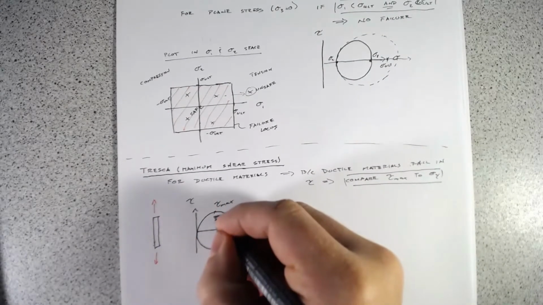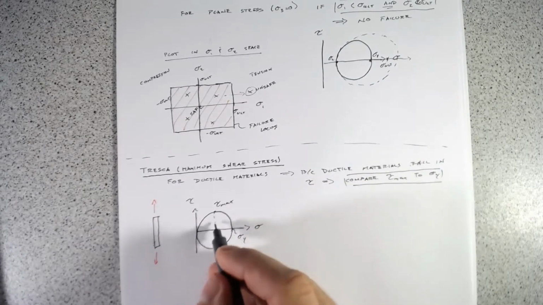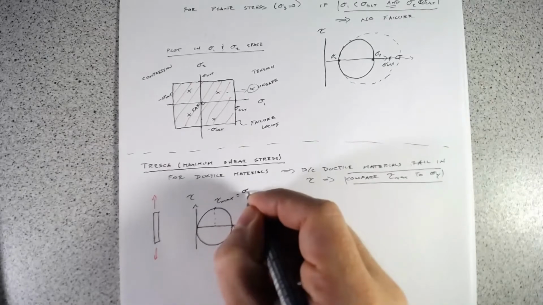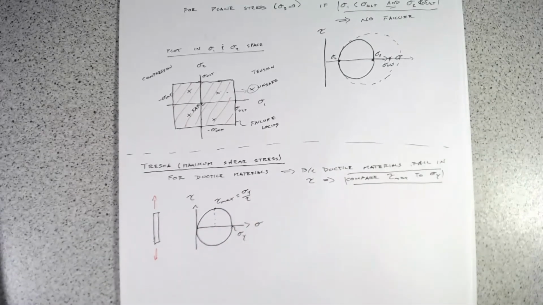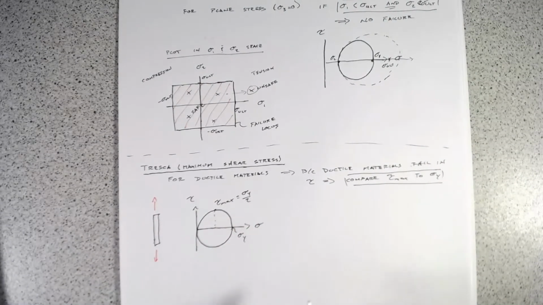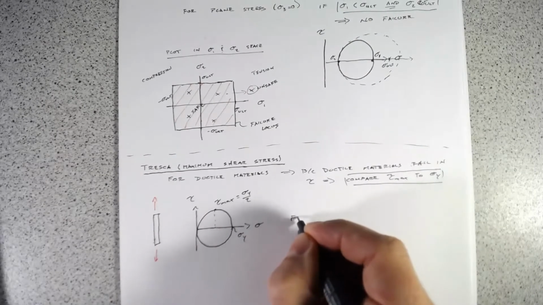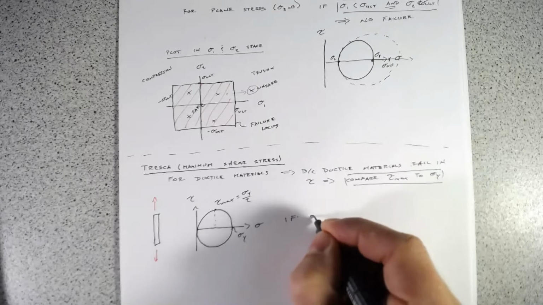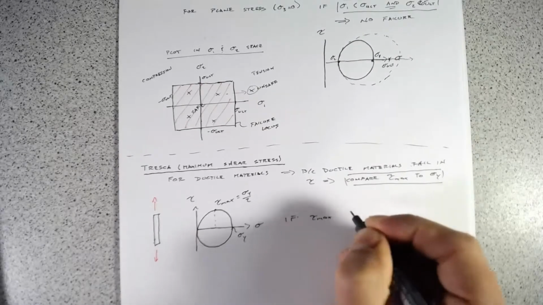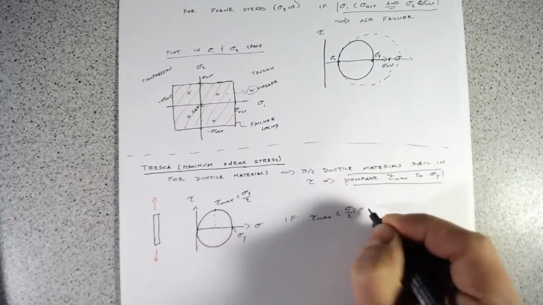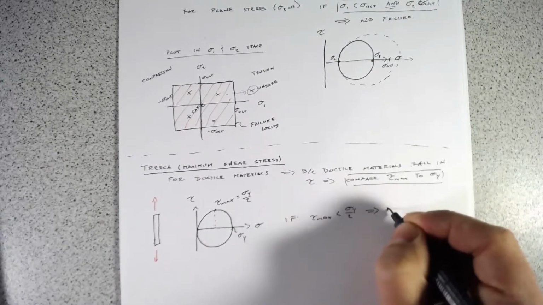And we know from Mohr's circle that tau max is the radius of this circle, so tau max is just going to equal sigma y divided by 2. And that means that if tau max is less than sigma y divided by 2, then we have no failure.